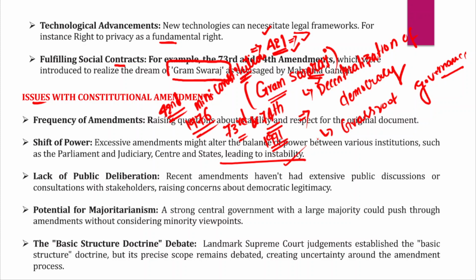So the public would ultimately be taking decisions in a democracy, and that democracy is considered a legitimate democracy. But when you are making amendments to the Indian Constitution, you are not consulting the relevant stakeholders. There are no extensive public discussions on the amendment of the Indian Constitution. So therefore, it has been raising concerns about democratic legitimacy in India. So this is also one of the main concerns.